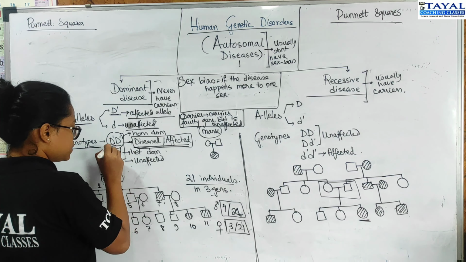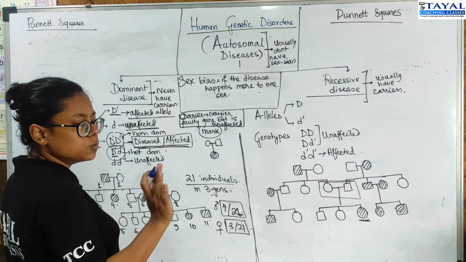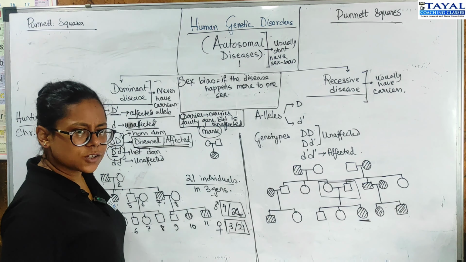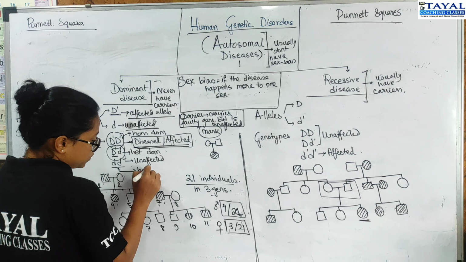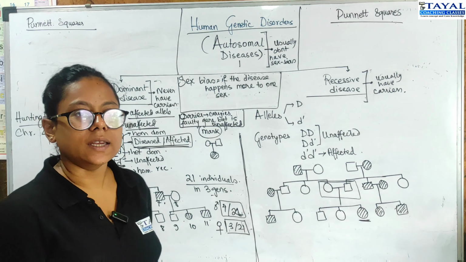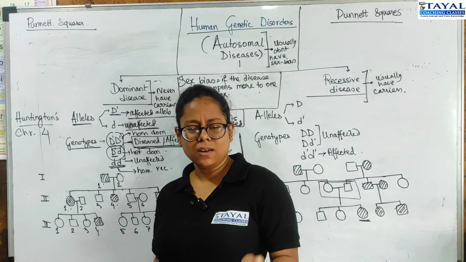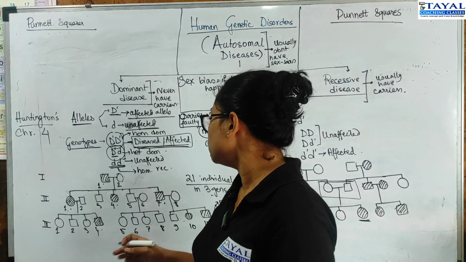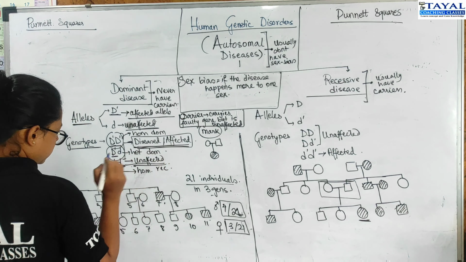So for both these genotypes, whichever genotype the human has, they will be affected or diseased. However, only in a homozygous recessive state, because it's small d, both the alleles are unaffected alleles. Then only you can have a normal unaffected individual, right?